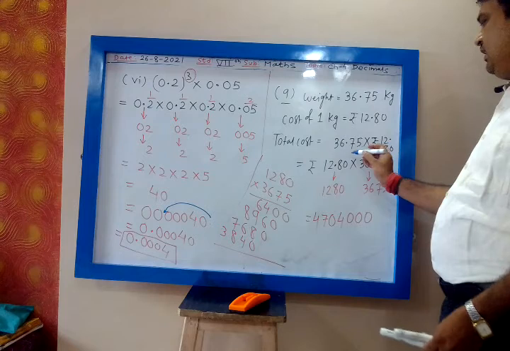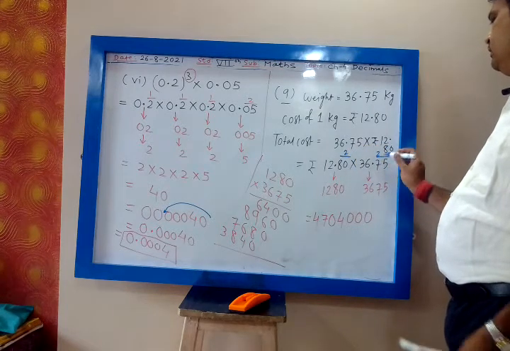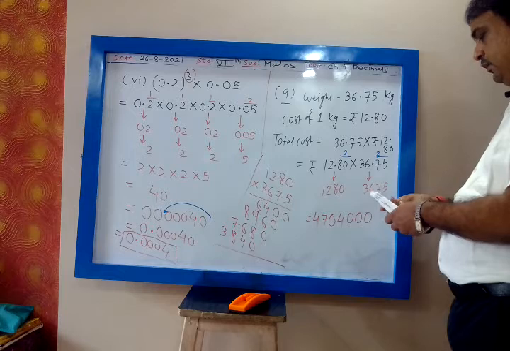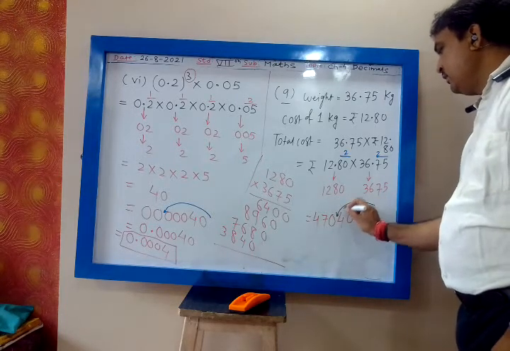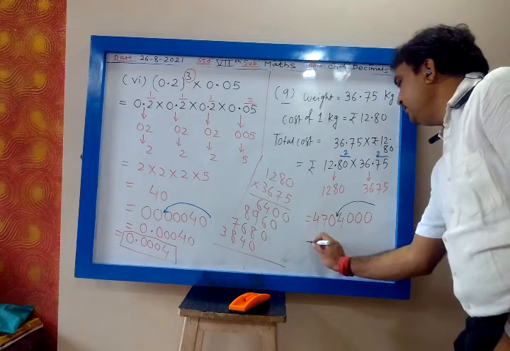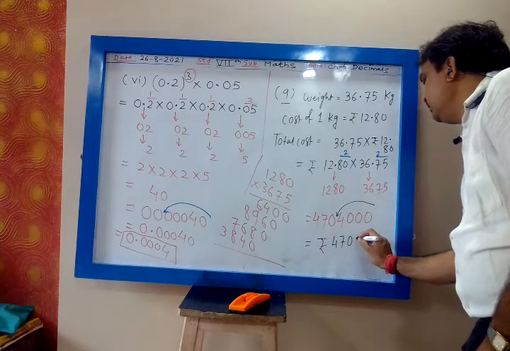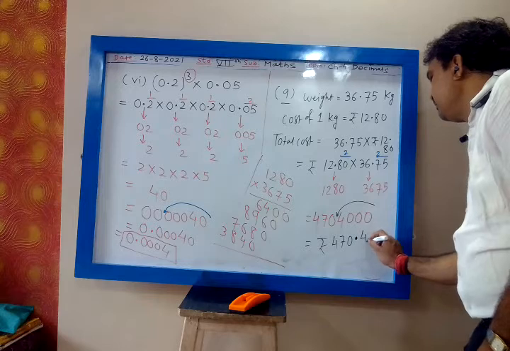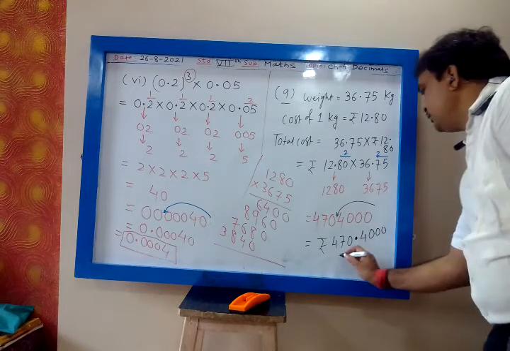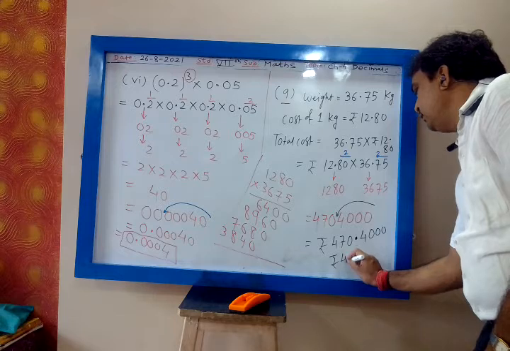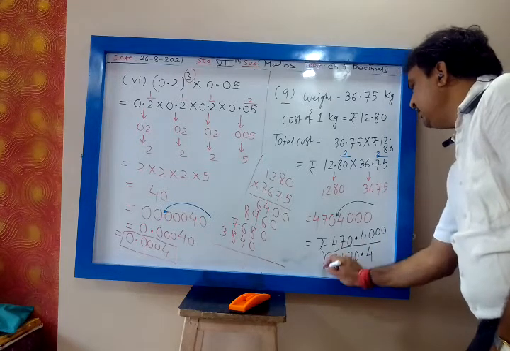After how many digits? 2 and 2, so 4 from right: 1, 2, 3, 4. So the answer is rupees 470.4000, which is same as 470.4.